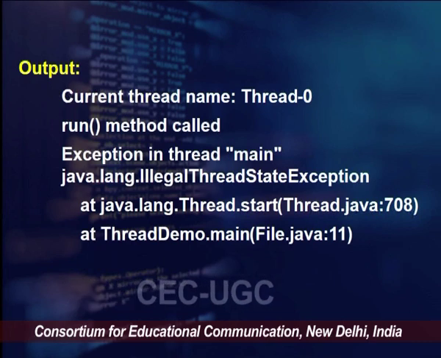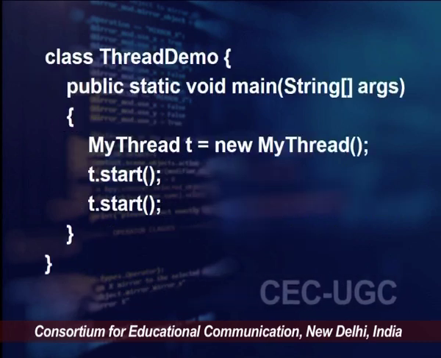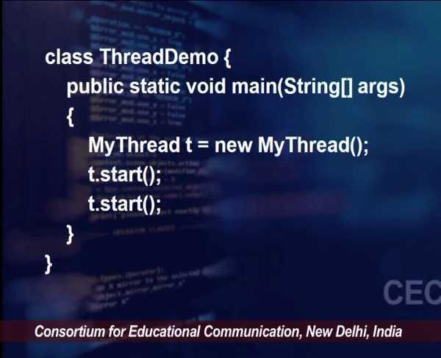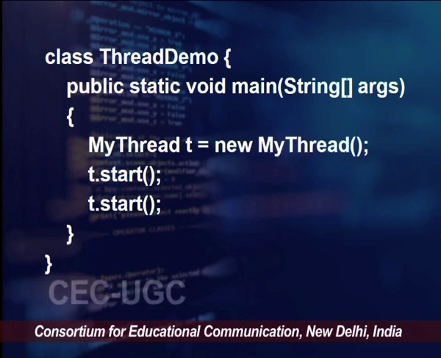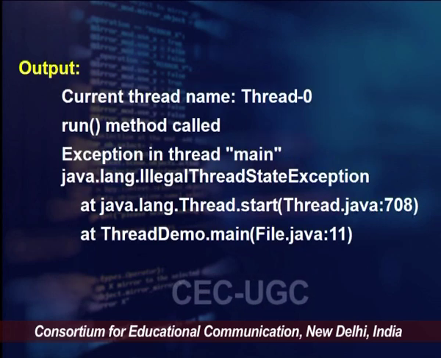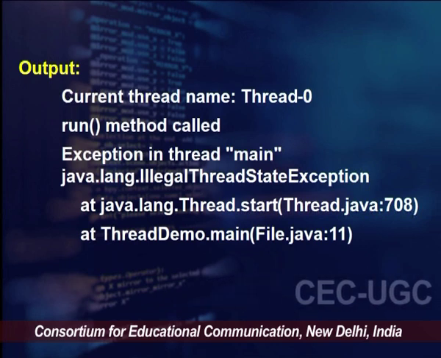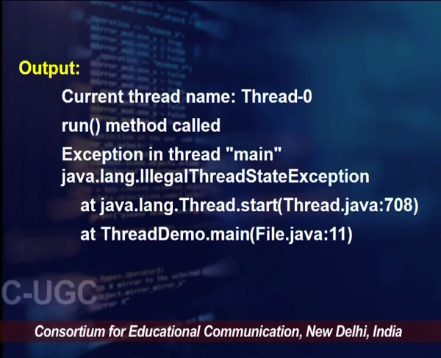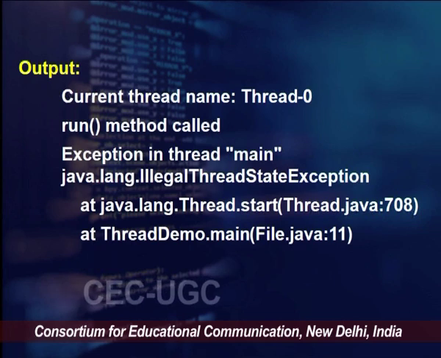So, that means you cannot use t.start() twice as we have done here. This is going to throw the exception. Now, what will happen if, instead of t.start(), we use our run method again?